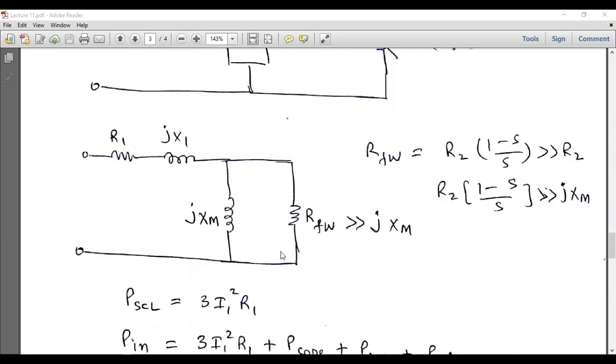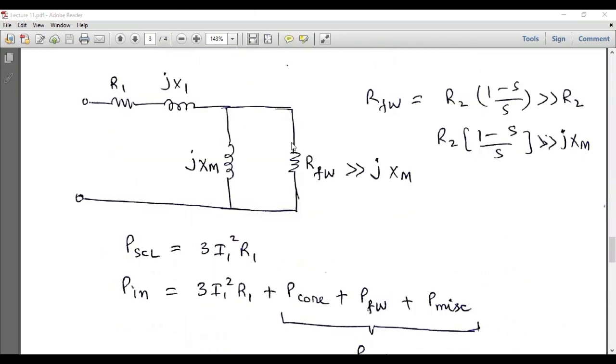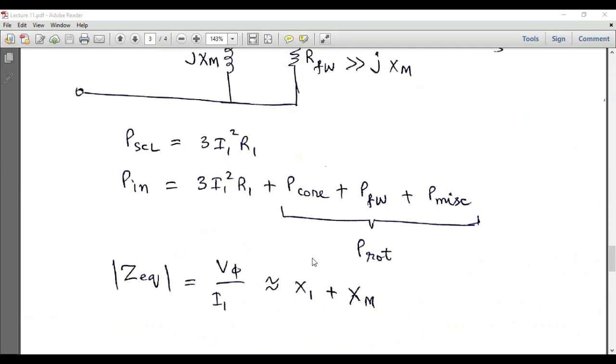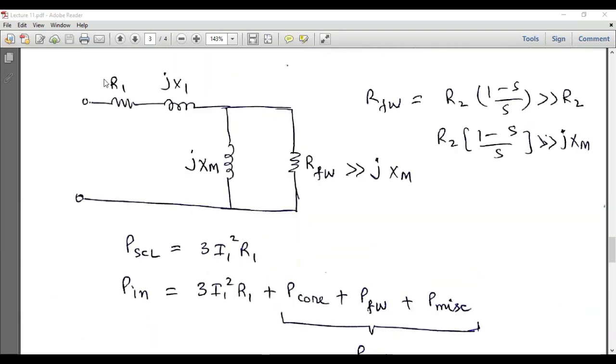So this branch can be ignored, and we can assume that all the current which is entering the stator winding of the induction motor will be passing through this magnetizing inductance branch. So in that case, we can calculate the core losses, or we can say that we can calculate all these three losses, which are collectively termed the rotational losses, and we can calculate the losses taking place across the stator winding.